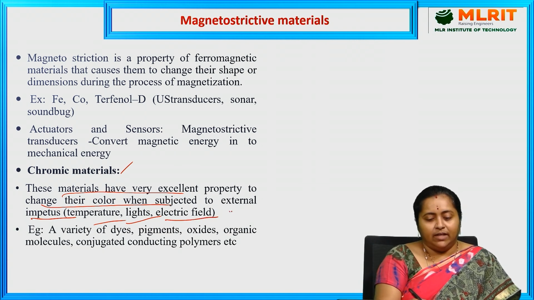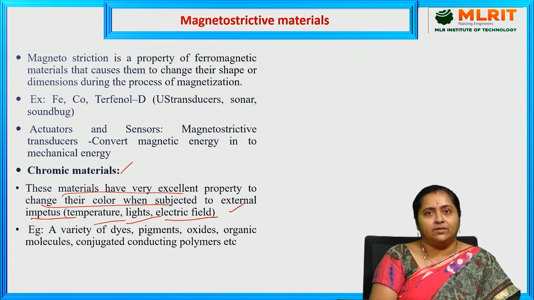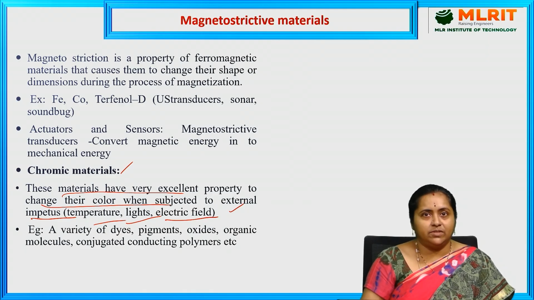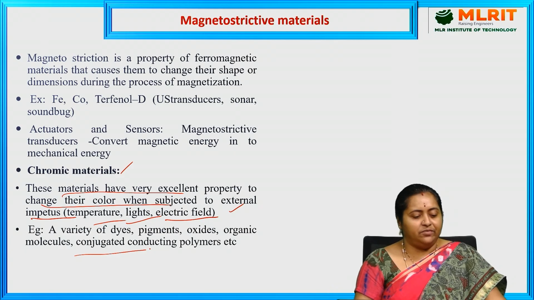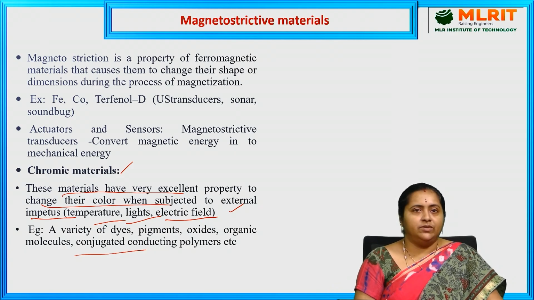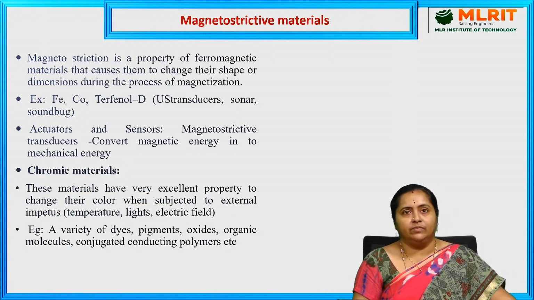And then electric field, if that material is subjected to some amount of electric field, it is able to change its color. A few examples mentioned here are a variety of dyes and pigments.